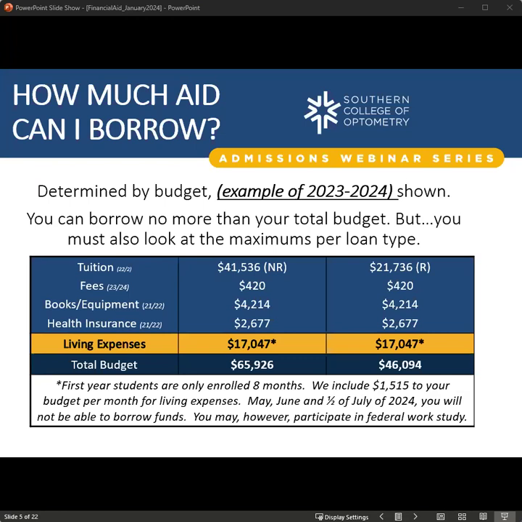Again, fees, books, equipment, even health insurance, we don't know if those rates are going up or not. But when we get a budget in place, we'll send it out to all students. As a first-year student, you're only enrolled 8 months, so you have an 8-month budget. So that's pretty much what that says. Next slide, please.